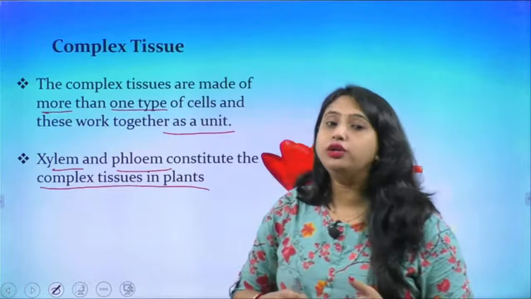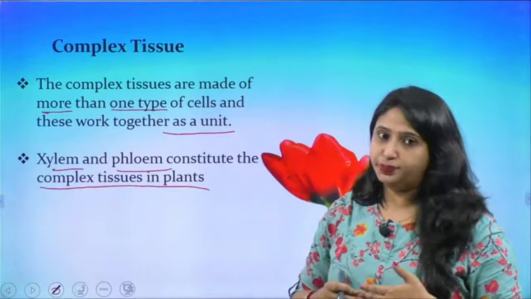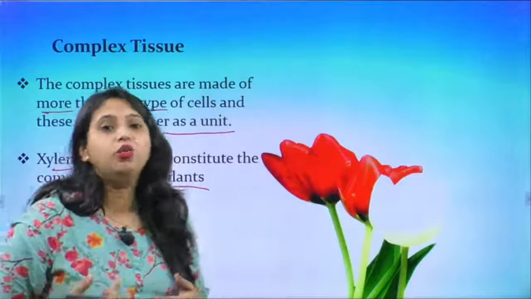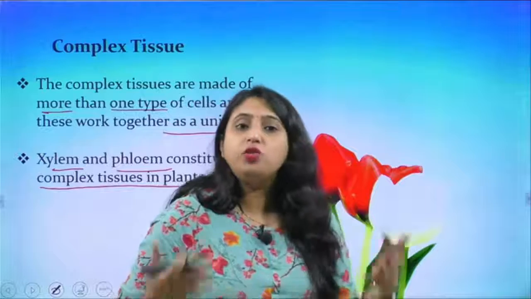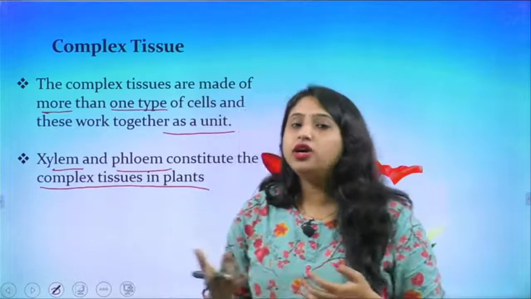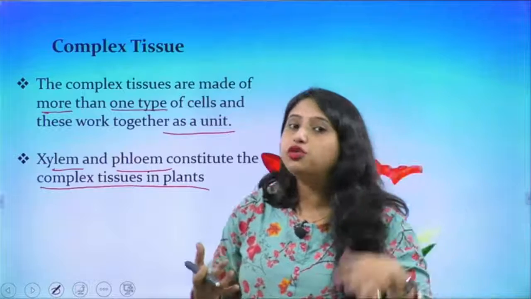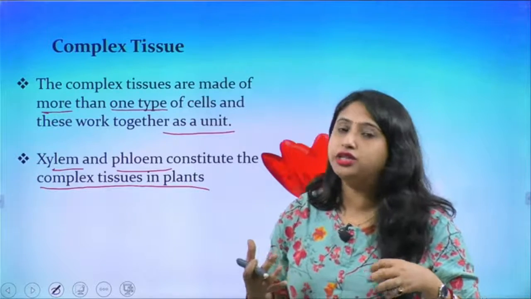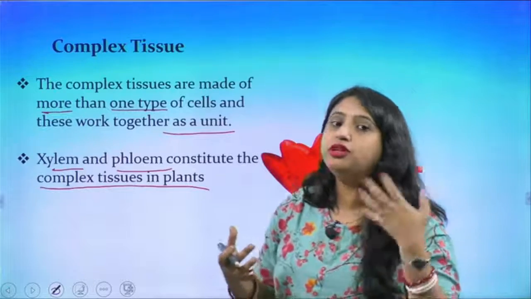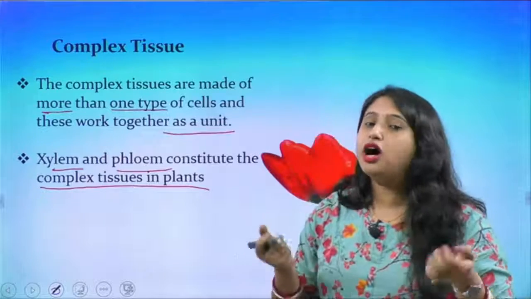Now you all know the function of xylem. Xylem is responsible for the transportation of water, right? From where is the water transferred? From the roots. It helps in the transportation of water and minerals from the roots to all the parts of the plants.